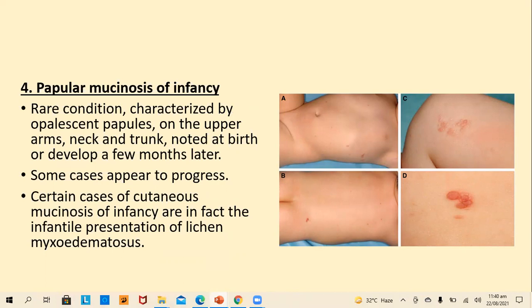It's a rare condition and characterized by opalescent papules on upper arm, neck and trunk noted at birth or develop a few months later. Some cases appear to progress. Certain cases of cutaneous mucinosis in infancy are in fact the infantile presentation of lichen myxoedematosus.